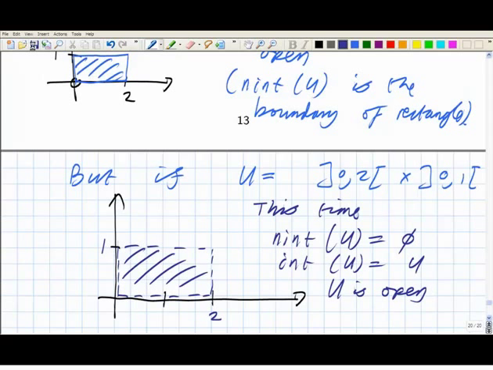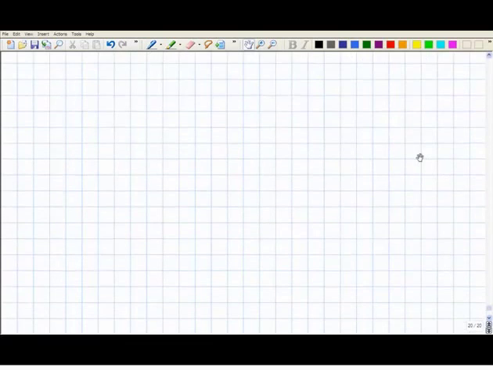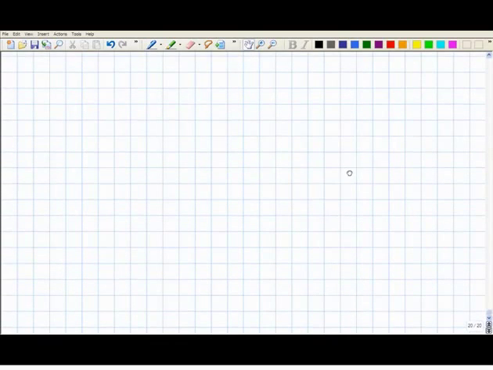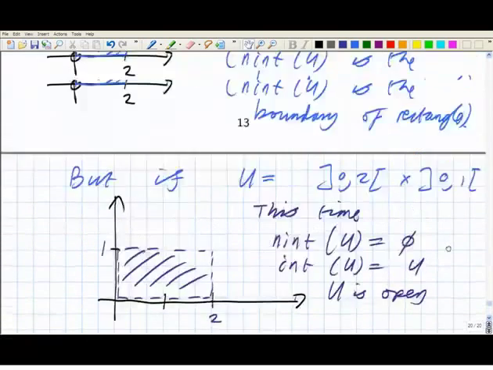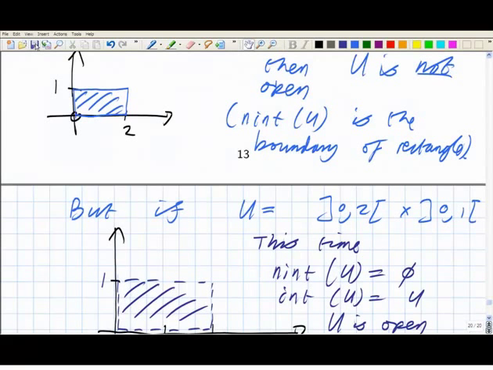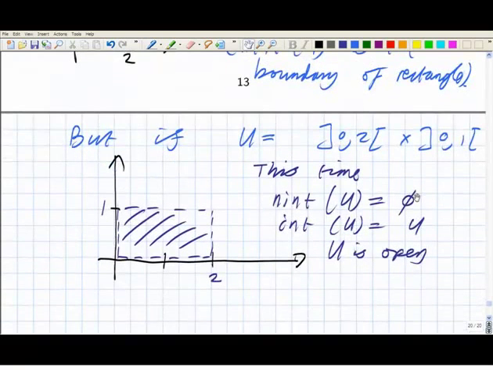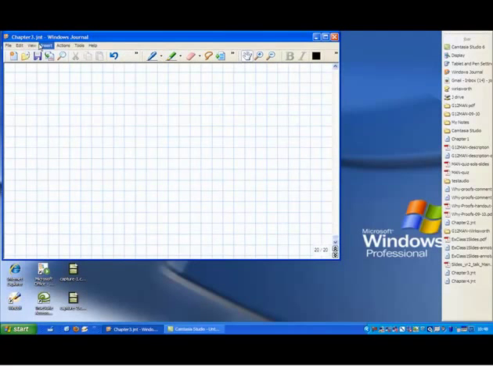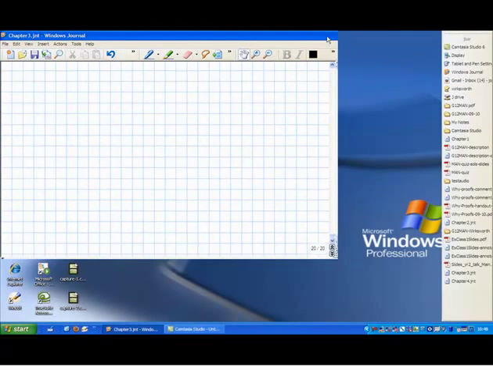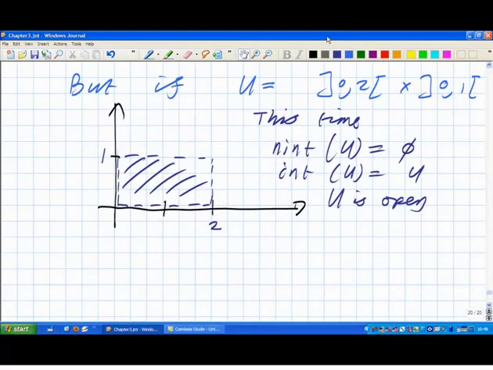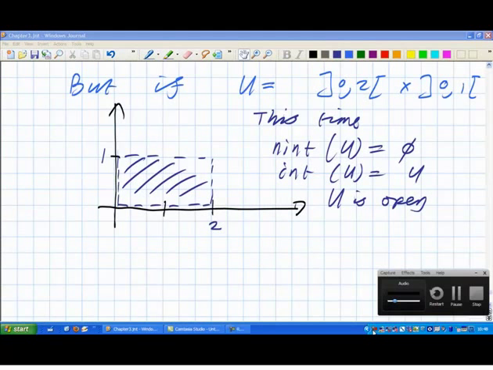So this time you get dotted boundary or dashed boundary. This time the interior of U is U, and U is open.